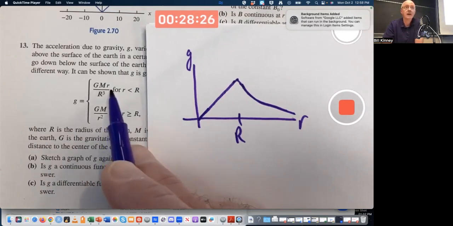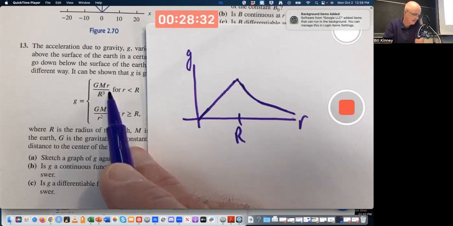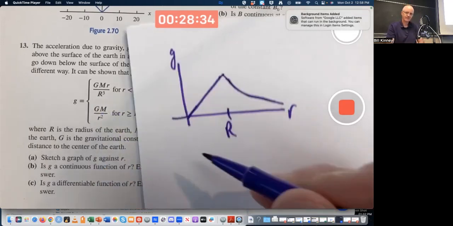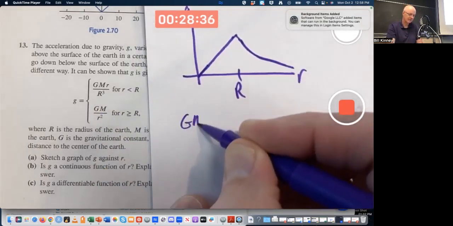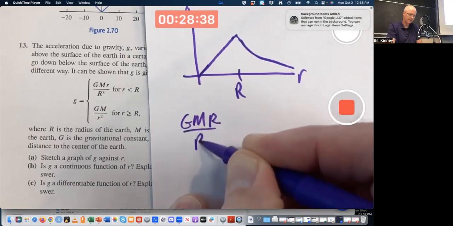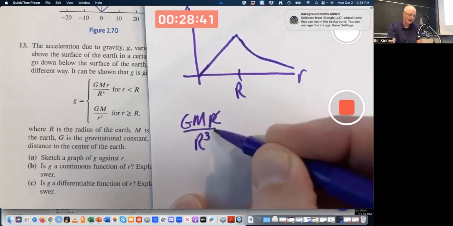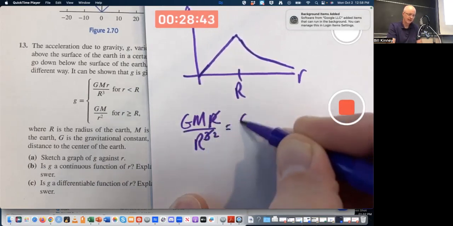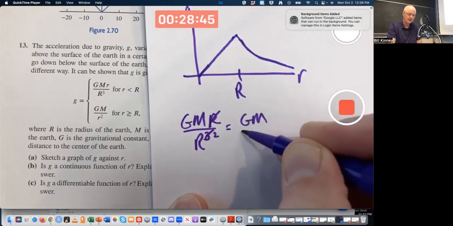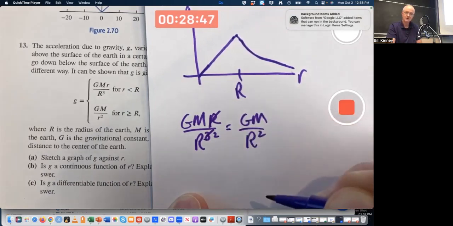If you plug in little r equals capital R right there, one factor of capital R cancels, leaving you with capital G times capital M times capital R over capital R cubed. Yes, one factor of capital R cancels, leaving you with capital G times capital M over capital R squared.